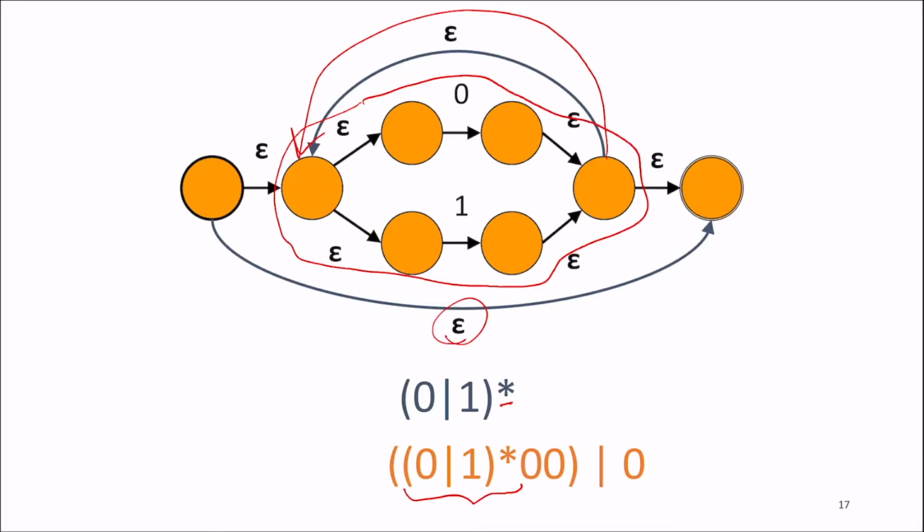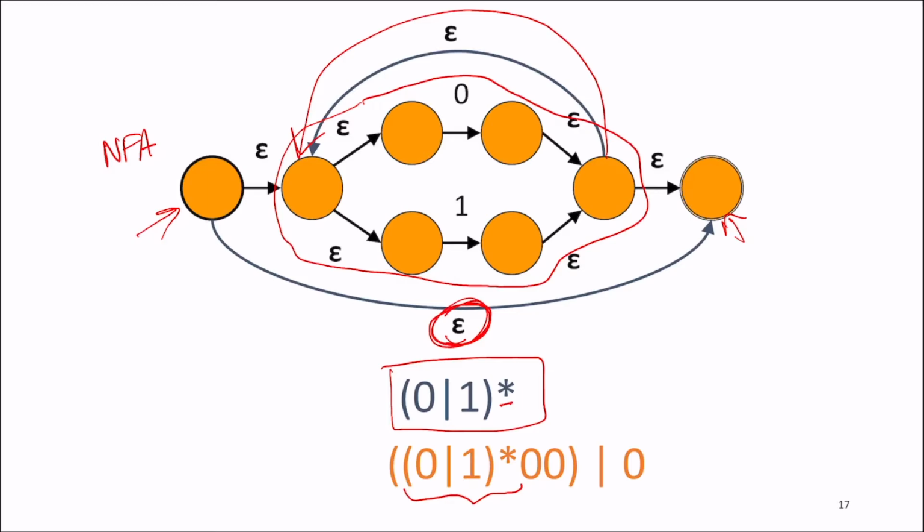And then there is a special start state and a final state, and a way to bypass that entire loop. If you want the empty string, you would take this transition over here. So this NFA now is equivalent to (0 or 1) star. And you can see why, right?